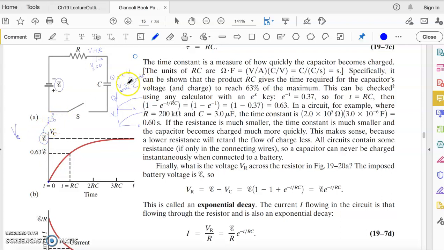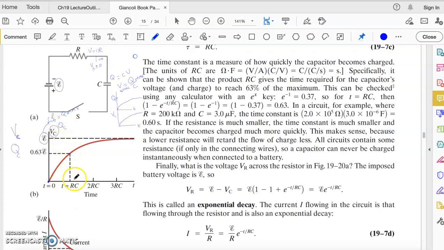It's not the voltage across the capacitor, it's the charge across the capacitor. Once more, we mention it's the charge across the capacitor, Q sub C. It's not Q times C, it's Q sub C. Great, so this is the charging process, and we discussed the voltage and the charge across the capacitor.